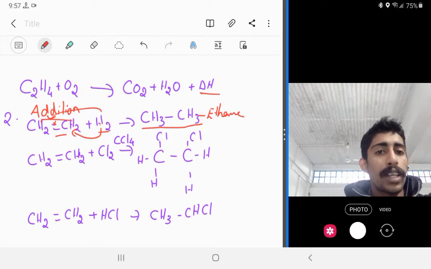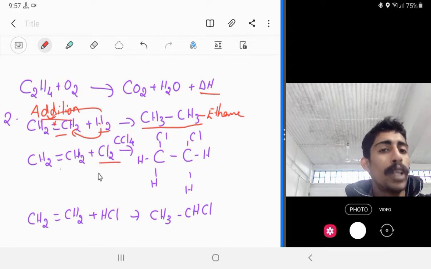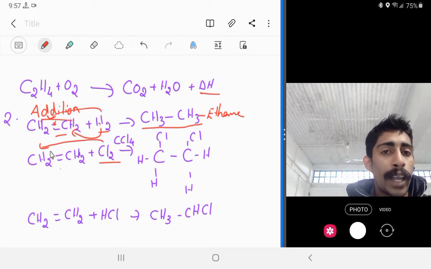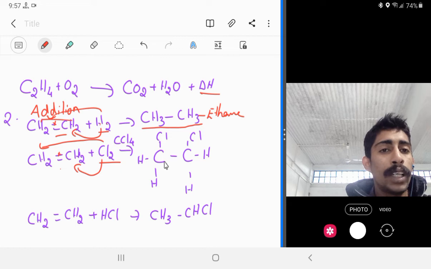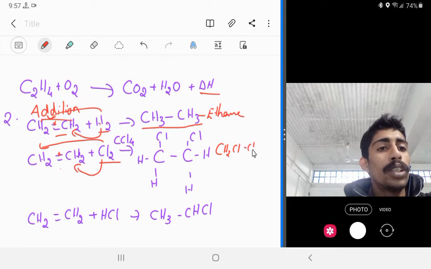Suppose ethene reacts with chlorine. One chlorine atom reacts with the first carbon atom, and the second one moves to the second carbon atom. They break one bond and we get CH2Cl, single bond CH2Cl.